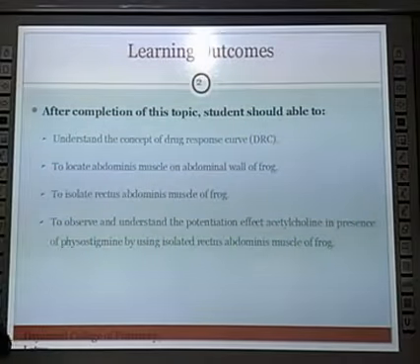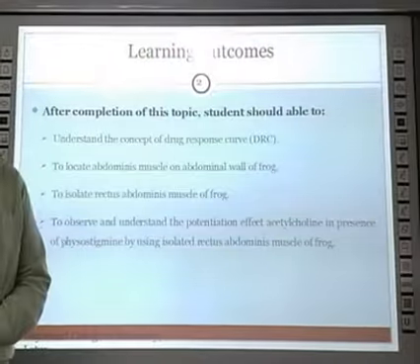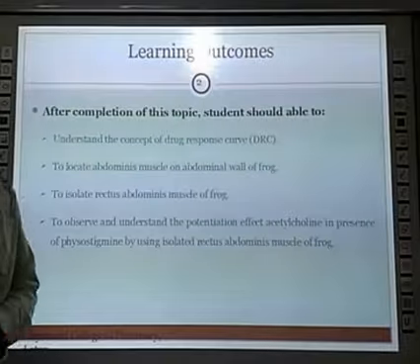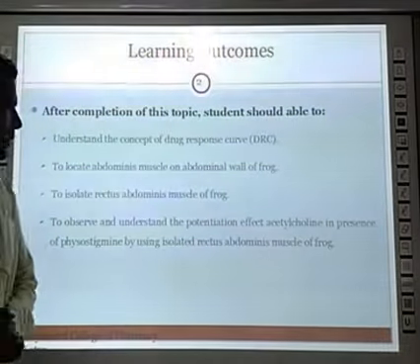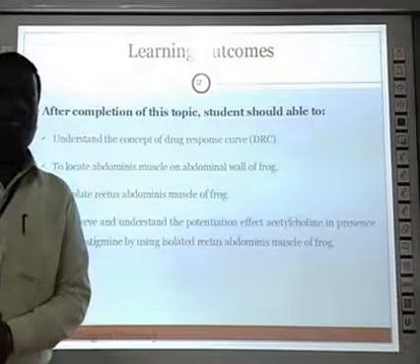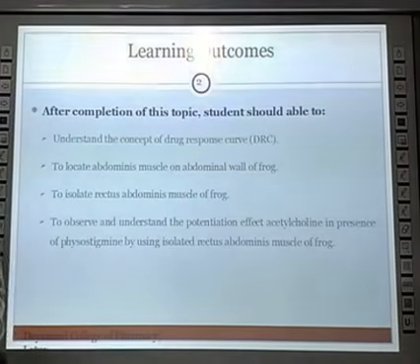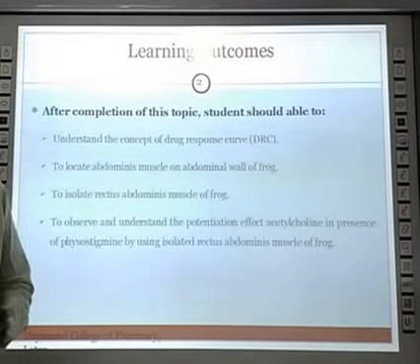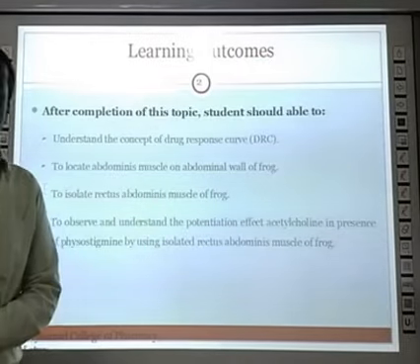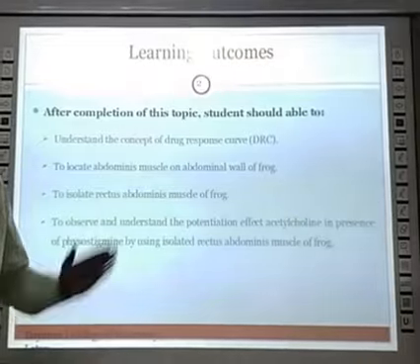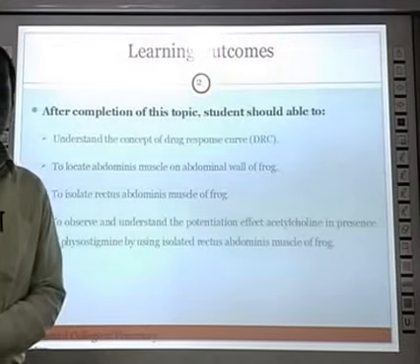The next one is to isolate the rectus abdominis muscle of frog. Then to understand and observe the potentiation effect of acetylcholine in the presence of physostigmine by using isolated rectus abdominis muscle of frog. So these are the learning outcomes of today's practical.